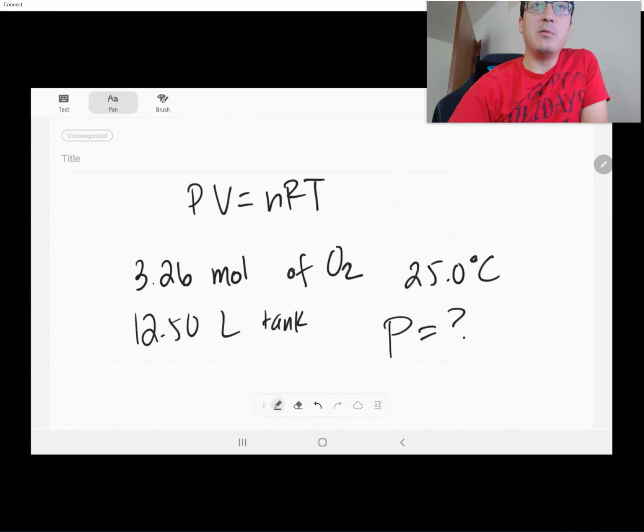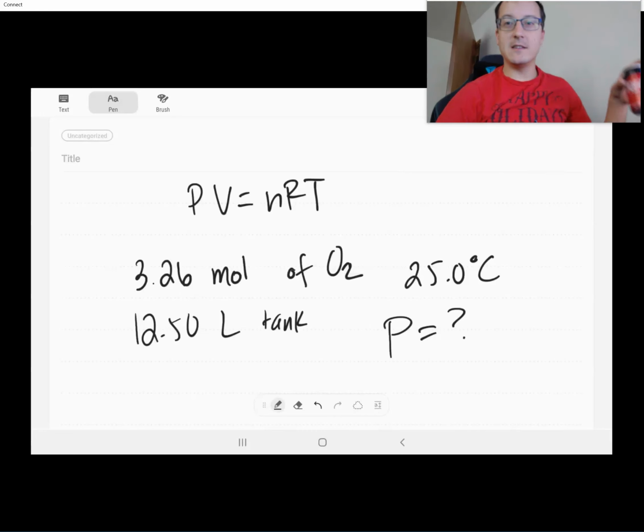Before we go ahead and plug everything in, do we need to do anything to any of these numbers? Indeed, we must get rid of that pesky Celsius and turn it into a happy Kelvin.